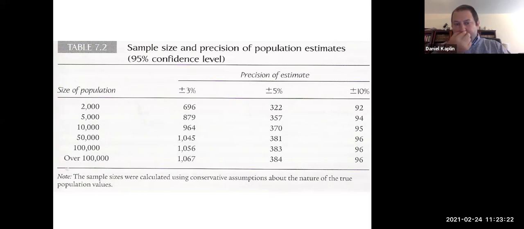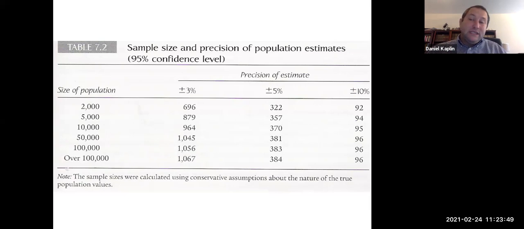All right. But you'll notice that even with a population of over 100,000, 1,000 participants would be fine. So let's look at the ratio of the population. To have a plus or minus 3% precision of the estimate, you need about 700 people. So that's about a third.